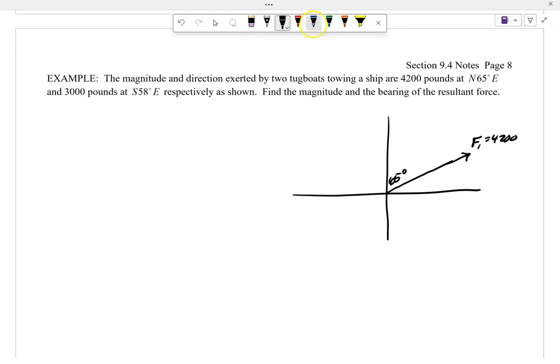The next force is south 58 degrees, so off of the south, 58 degrees east. 3,000, so a lesser force.